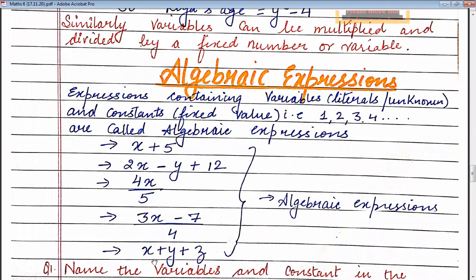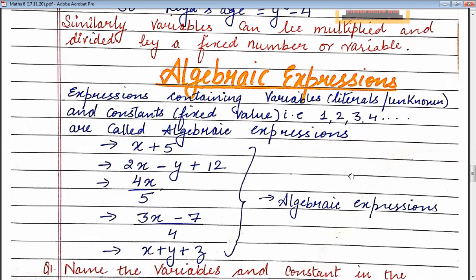All are variables, x, y, z. Now children, I hope you are clear with the variables, constants, and algebraic expressions. Let us revise one more time. Variable is a value which is not fixed. It keeps on changing its value according to the questions.